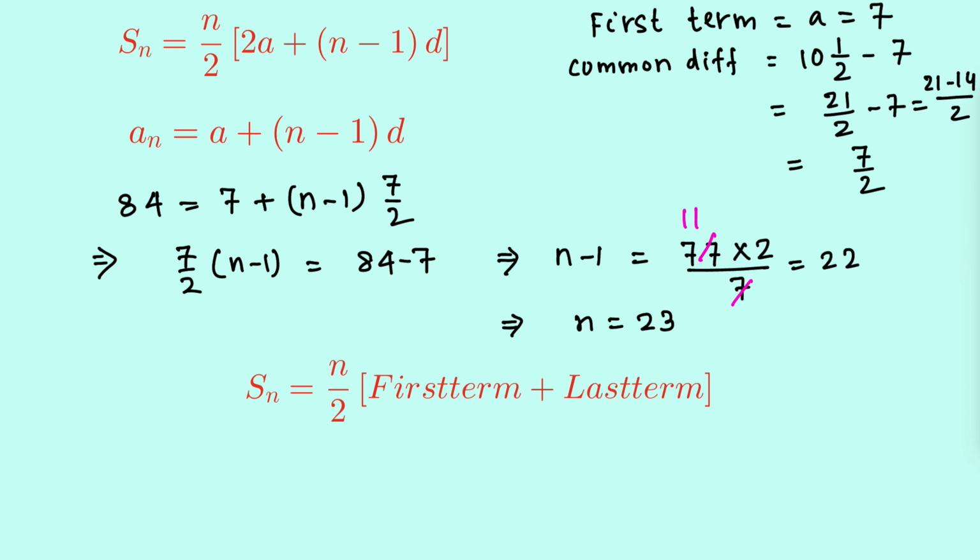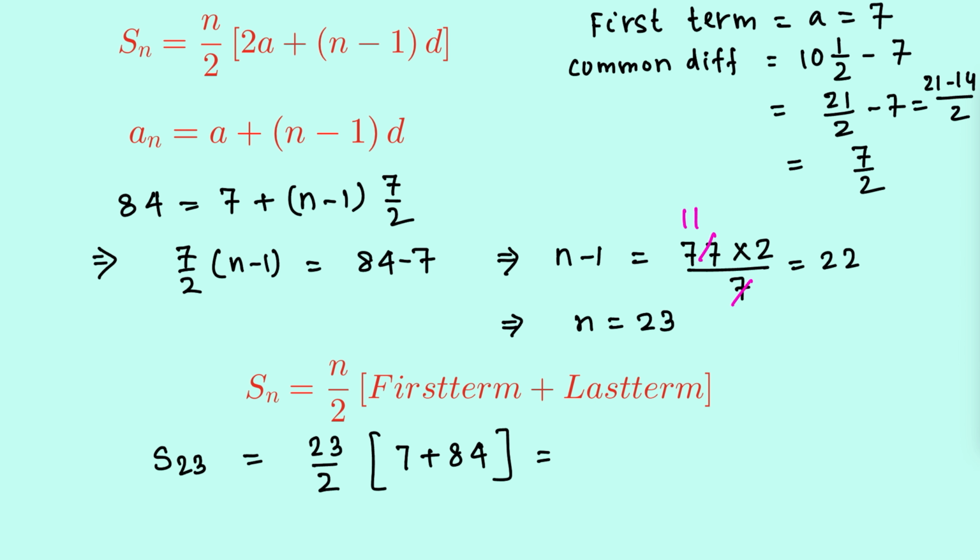Now we can write this as Sn. In this case, Sn is S23, which will be equal to n by 2, that is 23 by 2, into first term 7 plus last term 84.